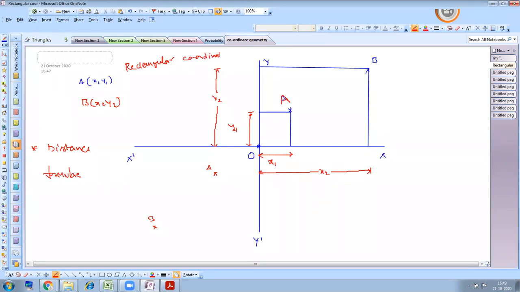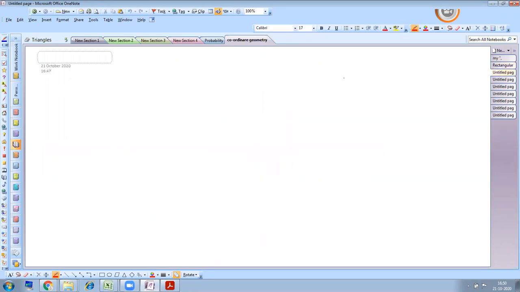Three-dimensional is different. Rectangular coordinates are different. The real axis is different. So how do we calculate it? There is a formula, and I will show the derivation for the formula.